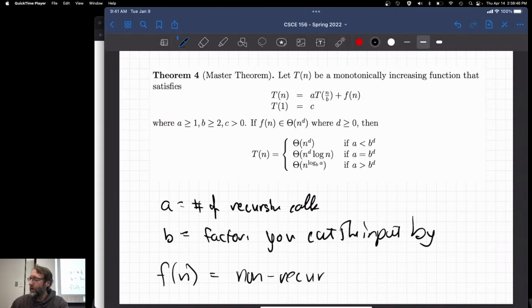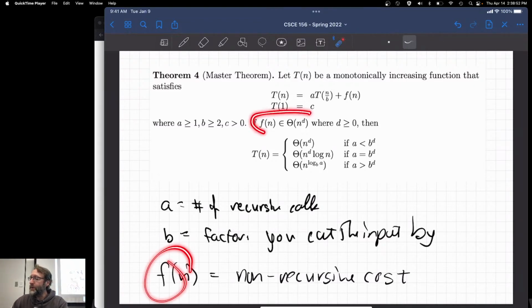And then f of n is the non-recursive cost. That's some function. If you can bound that function by a polynomial, n to the d, then you've got a, b, and d. Using those 3 things, you plug and chug. This first case here is when you are making fewer recursive calls than you are doing non-recursive work.